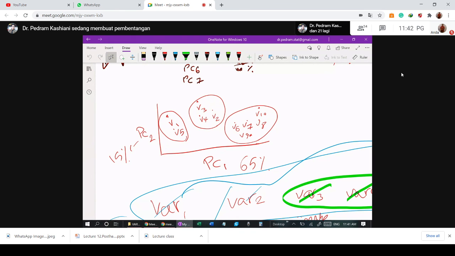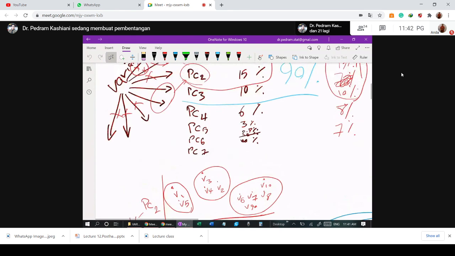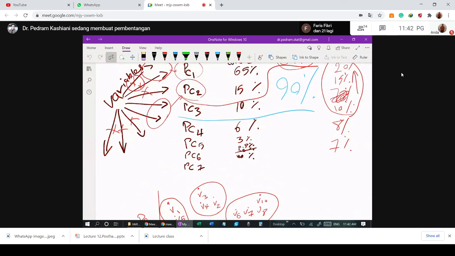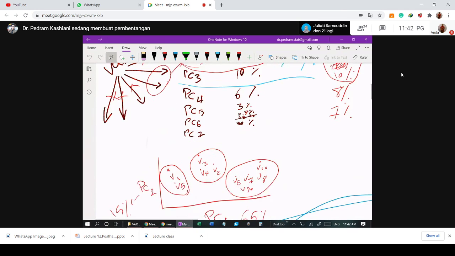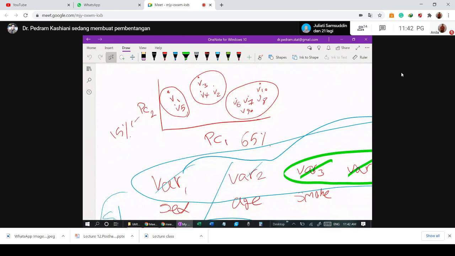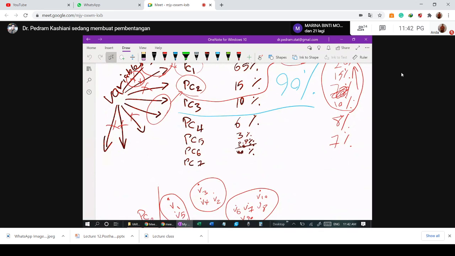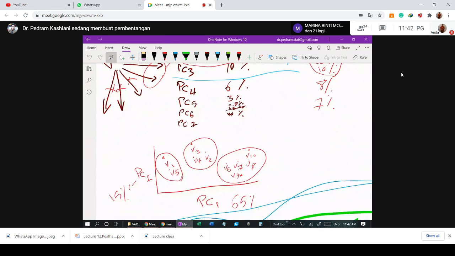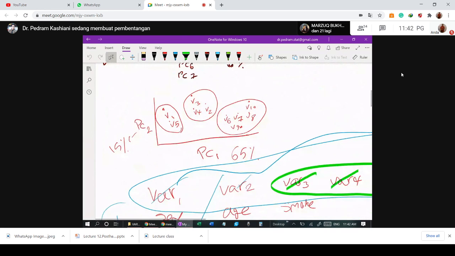Then the analysis tells me which of these variables are inside PC1. So you can understand that this group and this group are different because of these variables. So this is very easy and very nice, with proof.